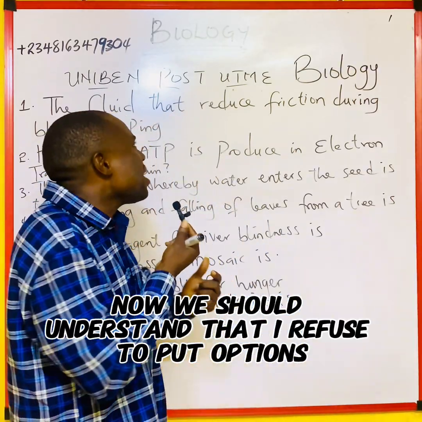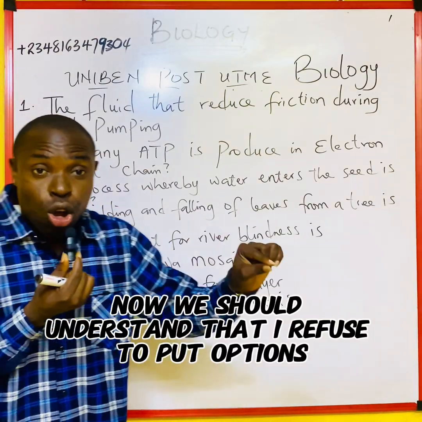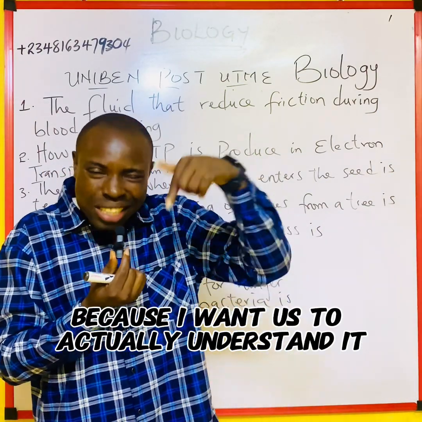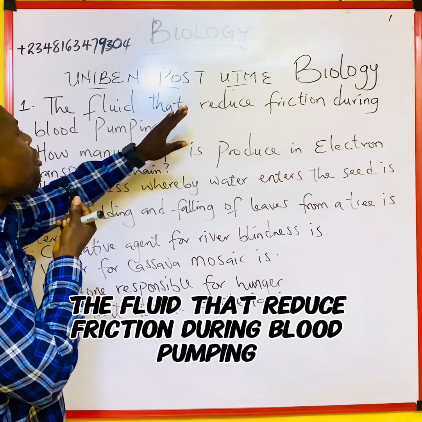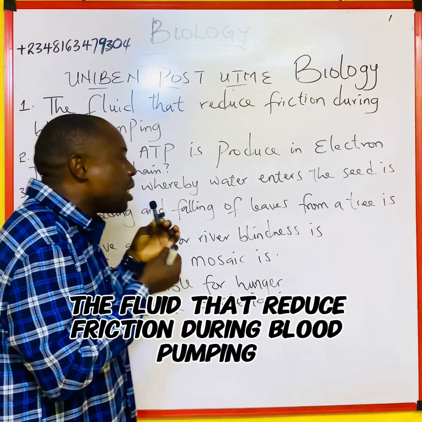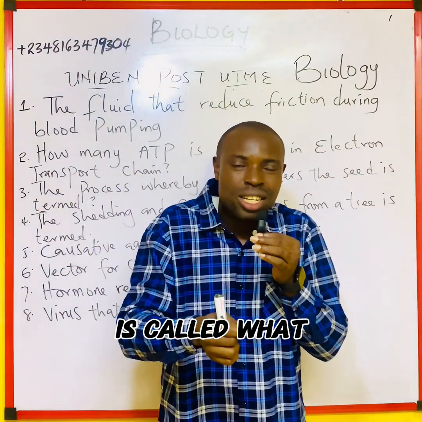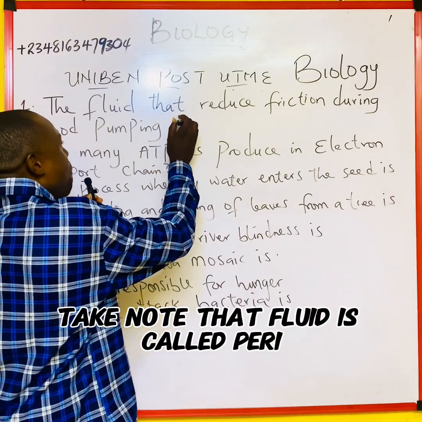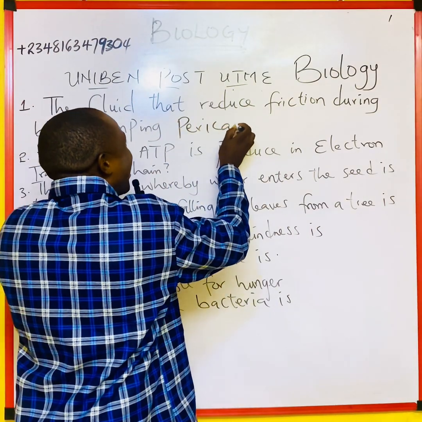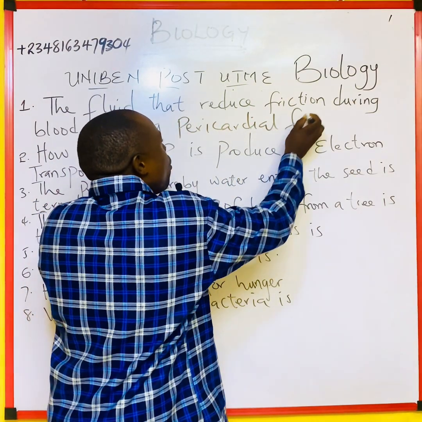Now, I refuse to put options because I want us to actually understand it. The fluid that reduces friction during blood pumping is called what? Take note. That fluid is called pericardiac fluid.